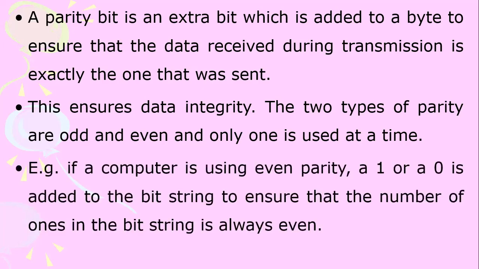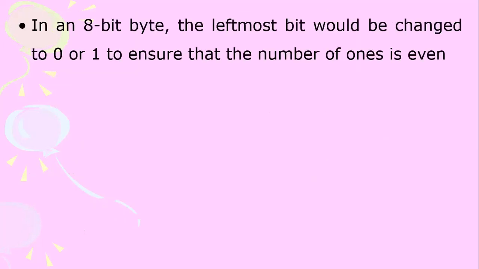For example, if a computer is using even parity, a 1 or a 0 is added to the bit string to ensure that the number of ones in the bit string is always even. In an 8-bit byte, the leftmost bit would be changed to 0 or 1 to ensure that the number of ones is even.